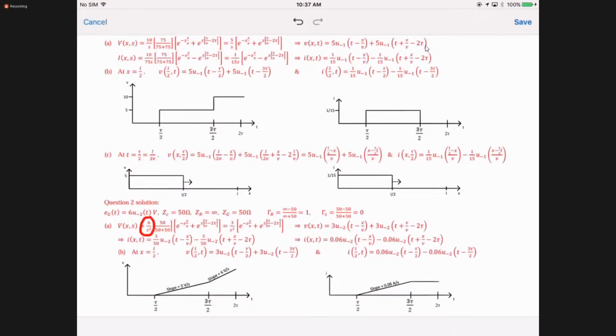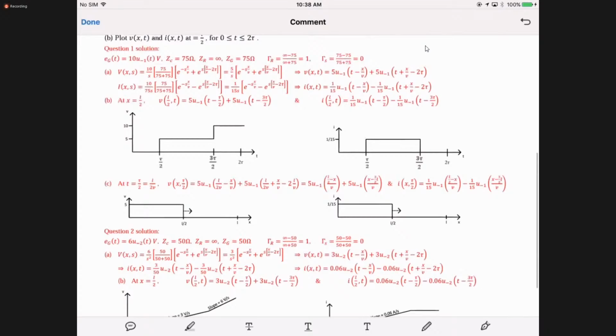So you just change into the Laplace first and use the equation, do the same thing. Now this time is voltage, current, then read the question.